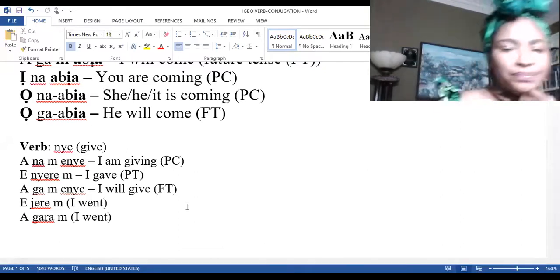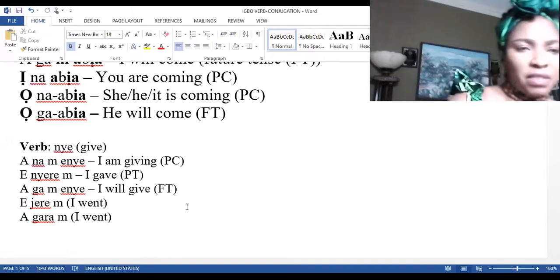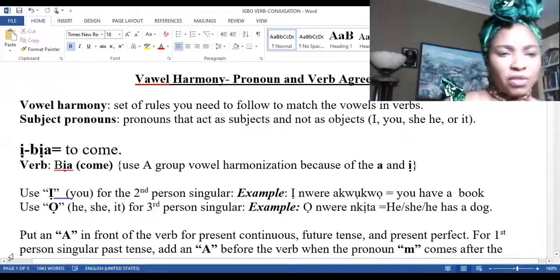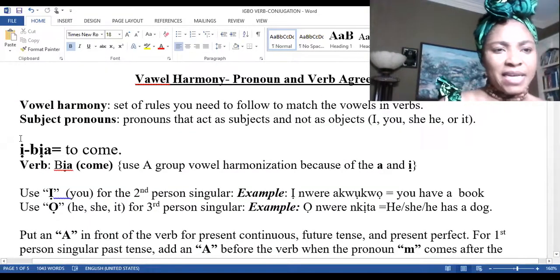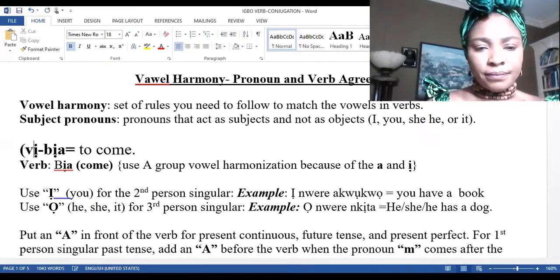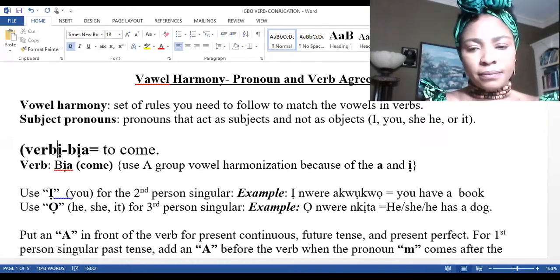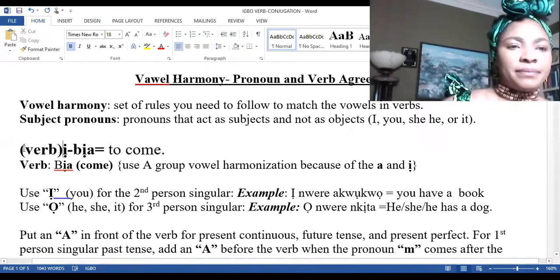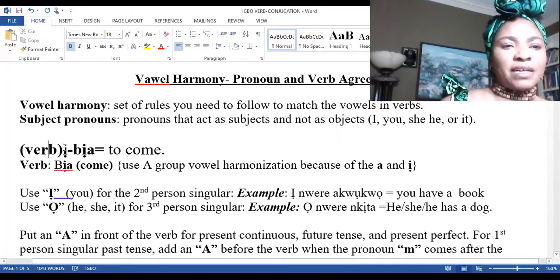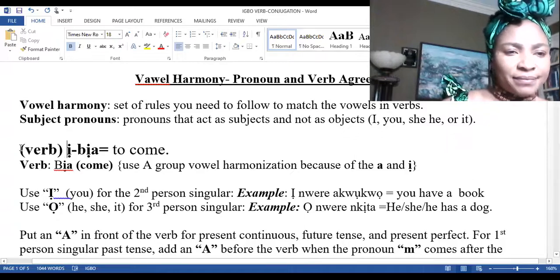Now, verb. We have the verb. Just let me write this. I want to make sure you know it's the verb. Abia is a verb. We have some irregular verbs, but we're not doing that today.